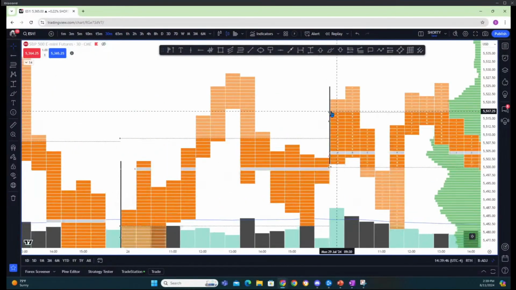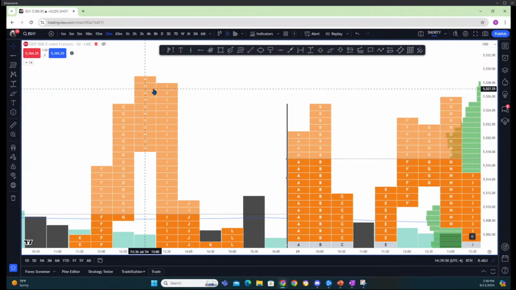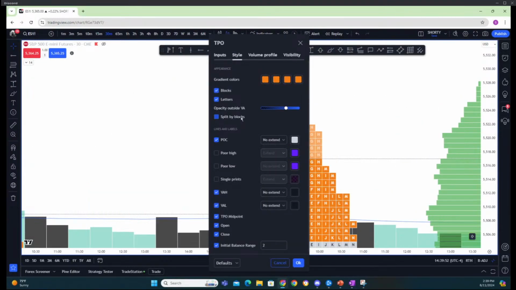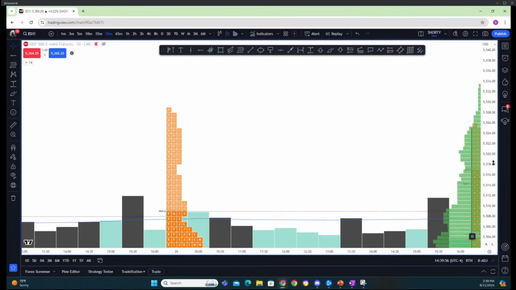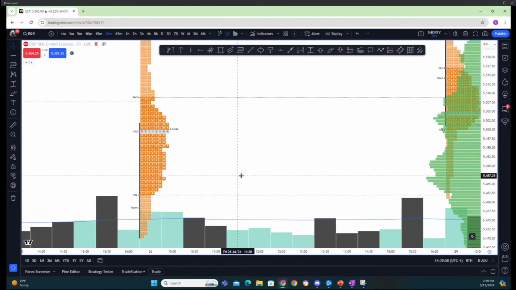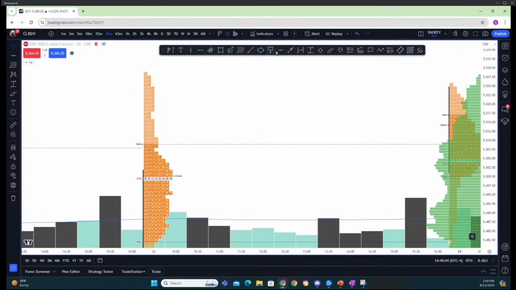Let me see, this one definitely looks like it. You see this one here? This is July 26th. Yeah, there it goes. If you look at this, we have a poor low and poor high. So here's your poor low, and then you have a poor high here.